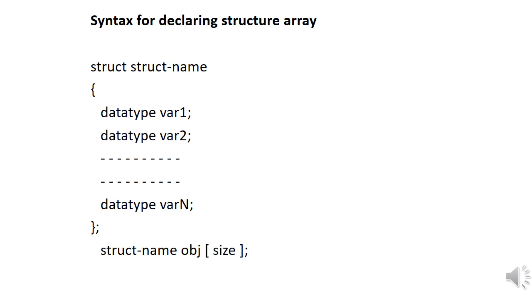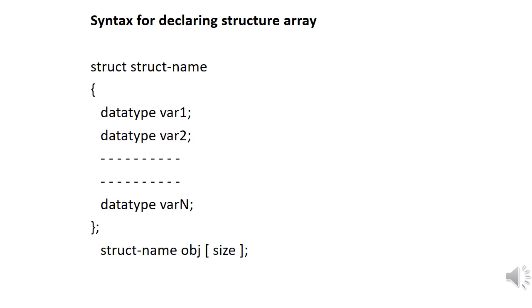Then inside the main function, we create the structure object or structure variable. The syntax is structure name, object name, and inside the square brackets we put the size.